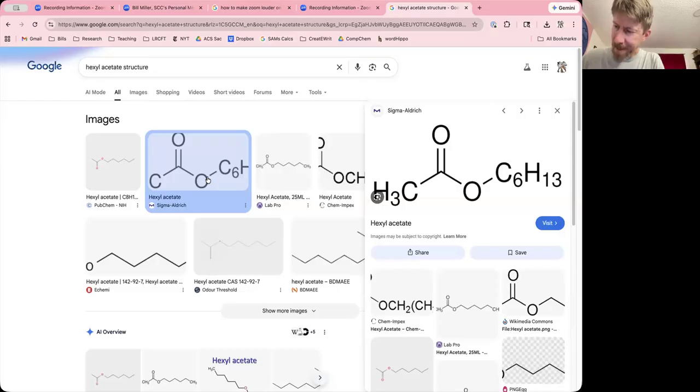Acetic acid has two carbons, and actually that looks just like acetic acid with a hexyl group attached to the O, which I'm sure I should have known. And so the X, C double bond O, O, CX, CY, I'm guessing.